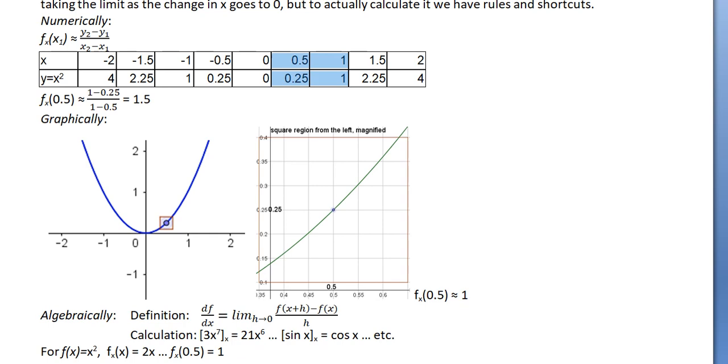Let me take a moment to mention that for the derivative, I am using a notation that you may or may not have seen before. This is the notation that we will be using when we take derivatives. You may be more familiar with the prime notation. You should previously have seen the df dx notation.